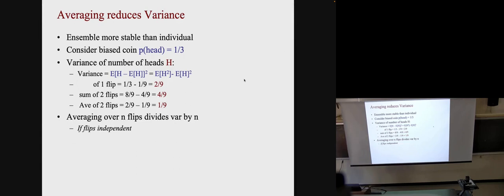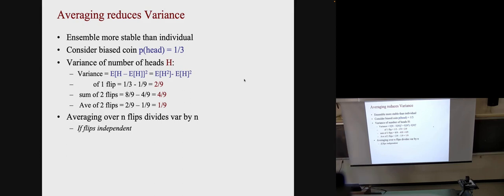Now, what happens if we do majority voting on these 3 classifiers? So when do you make a mistake if you do majority vote?